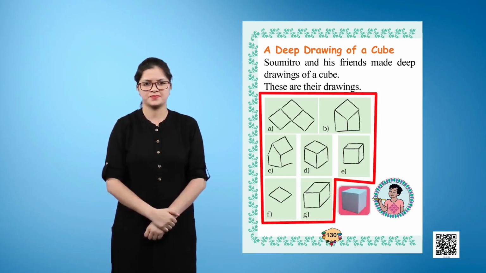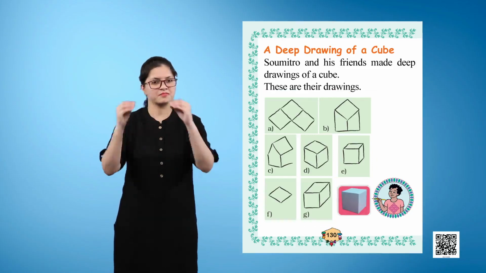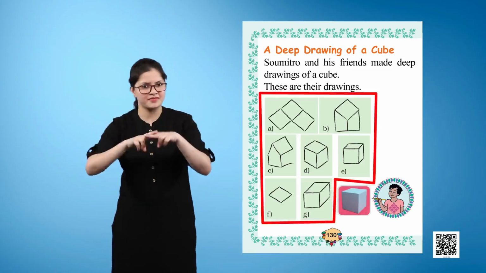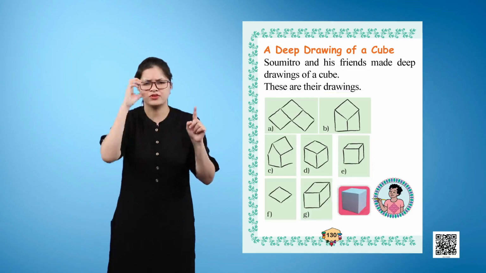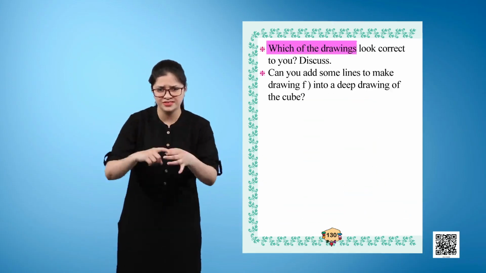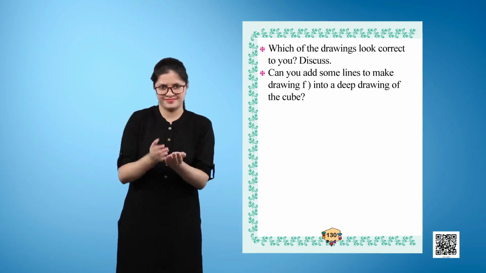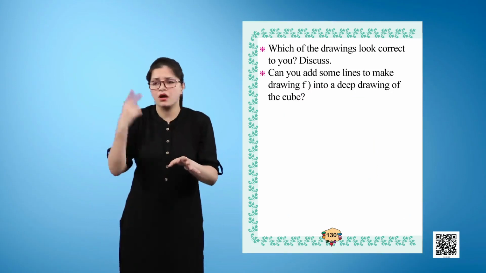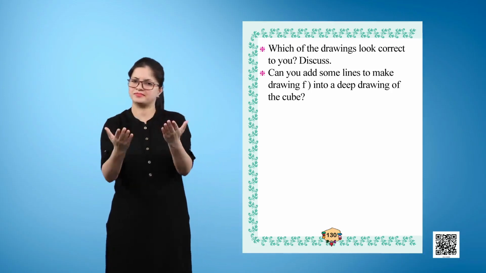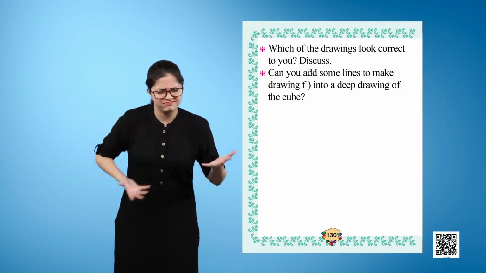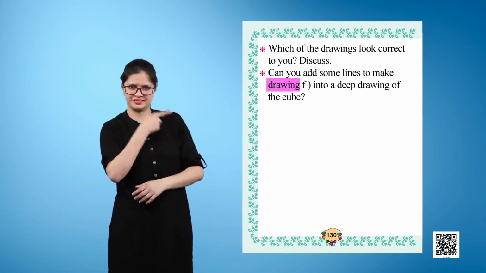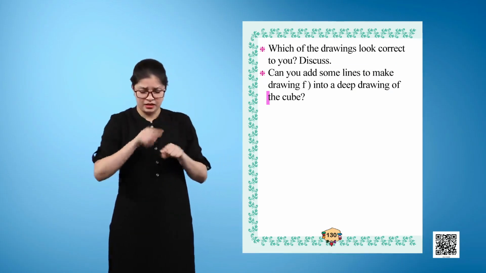These have been marked as A, B, C, D, E, F, and G. Which of the drawings look correct to you? Discuss. Can you add some lines to make drawing F into a deep drawing of the cube?